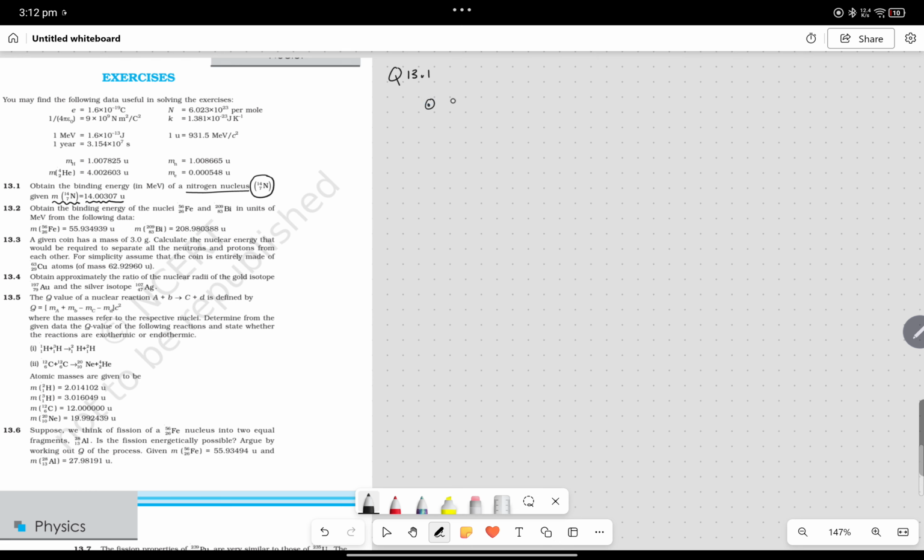Here, the two theories that you need to solve this are, first of all, the mass defect. So mass defect is nothing but the number of protons into the mass of proton plus the number of neutrons into the mass of neutron, the summation, minus the mass of the nucleus we got experimentally.